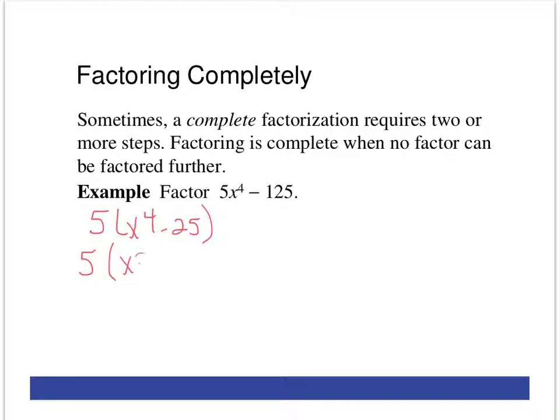So now I have x squared plus 5 and x squared minus 5. Can we factor any further? I don't see that we can. I think we're done.